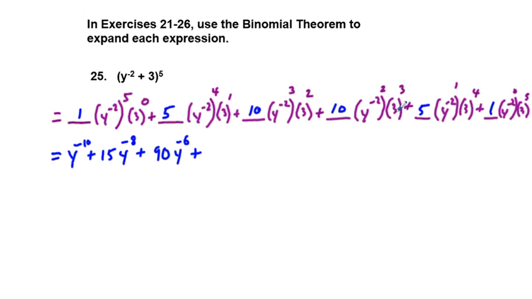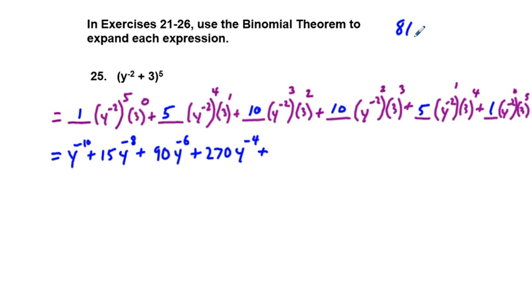This next one here, we're going to have 3 to the 3rd power, which is 27, times 10. So we're going to have 270. And we're going to have y to the power of negative 2 times 2, which would be negative 4th power. And then next one here we have 3 to the 4th power, which is 81, times 5.